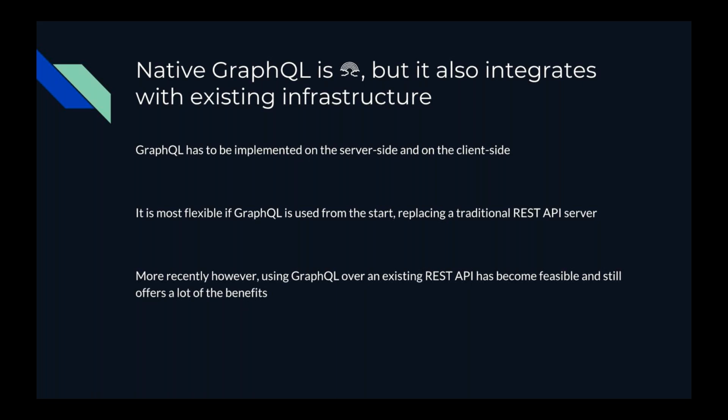GraphQL also has databases as a data source. Then there's some special GraphQL magic like the schema and resolvers, where the schema is basically an interface and the resolvers point towards the data sources and connect it all together. And then there are queries that you write against the GraphQL API.